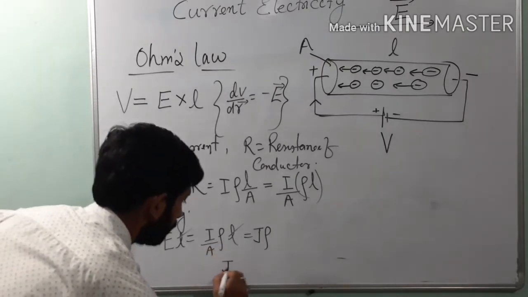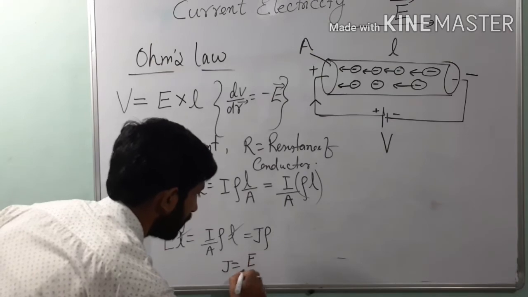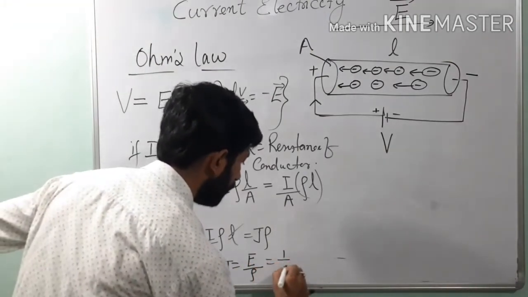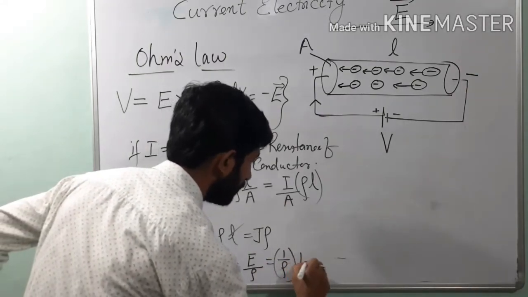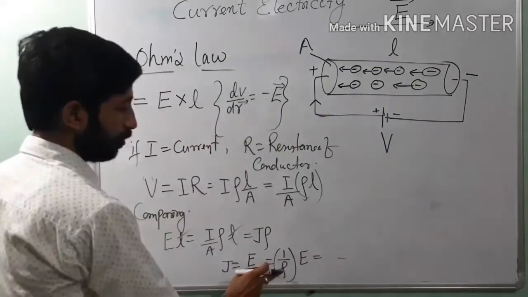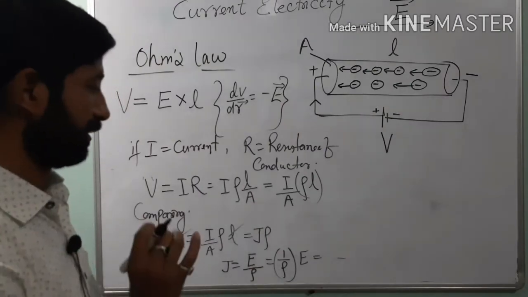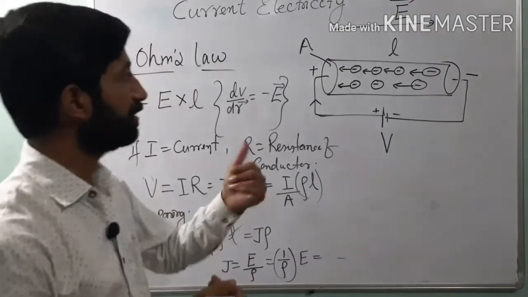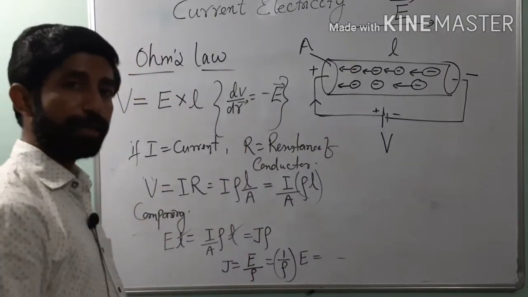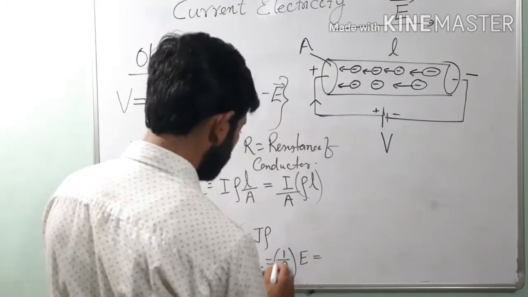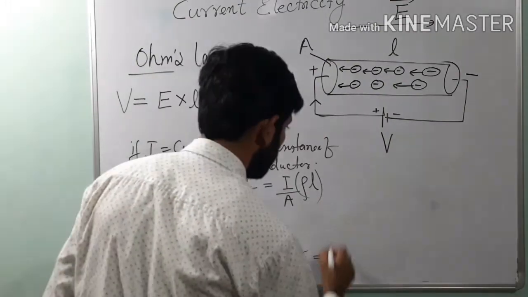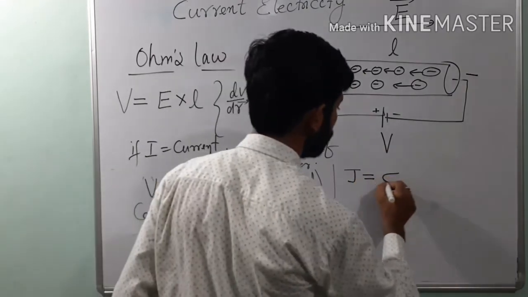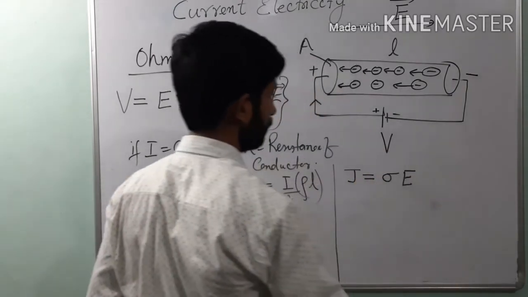Now J is equal to 1 over rho multiplied by E. Rho is resistivity, and the inverse of resistivity is called conductivity of the material, denoted by sigma. So J is equal to sigma into E.